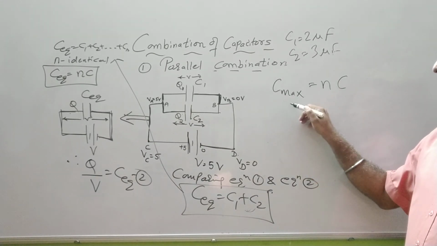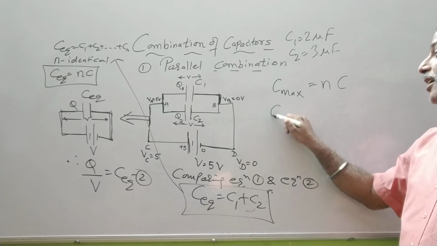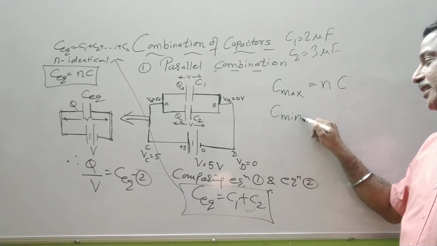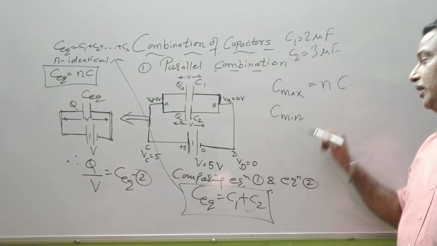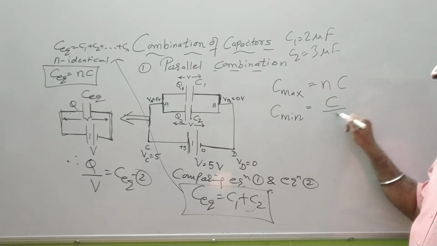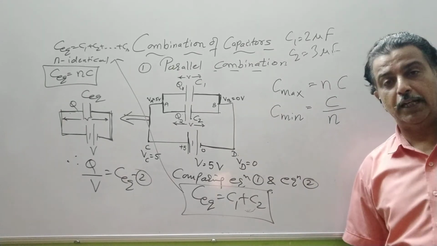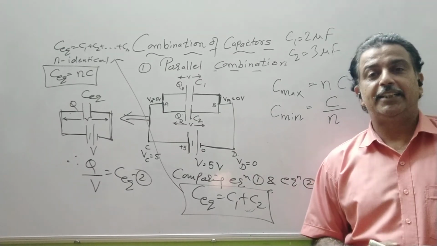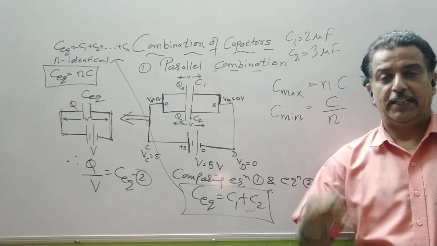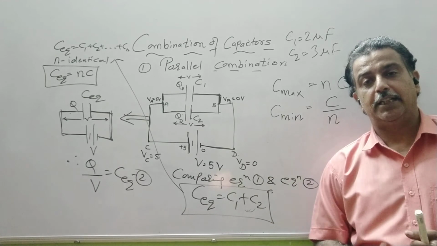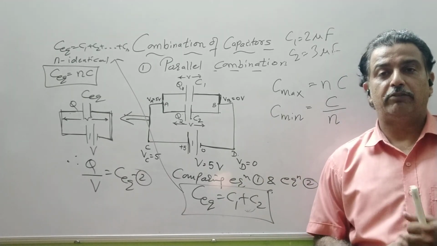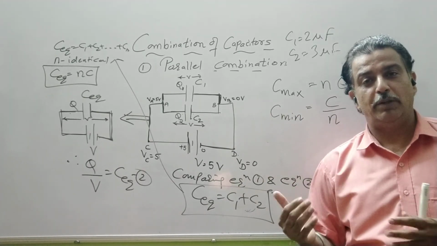If n identical capacitors are connected in series, the C equivalent will be minimum and its value will be C by n. I am talking about n identical capacitors. So when n identical capacitors are connected in parallel, the C equivalent will be maximum. In series, it will be minimum.